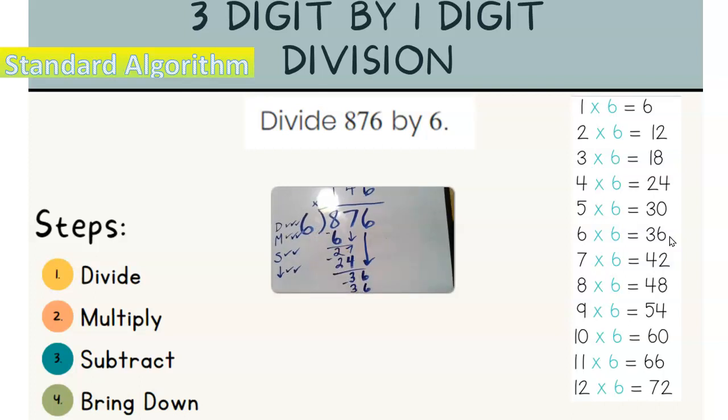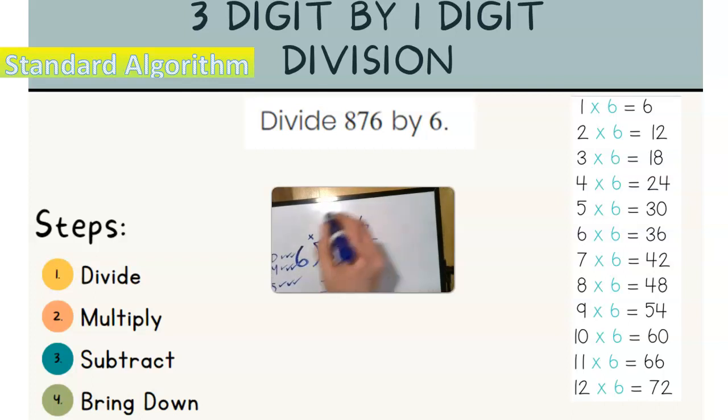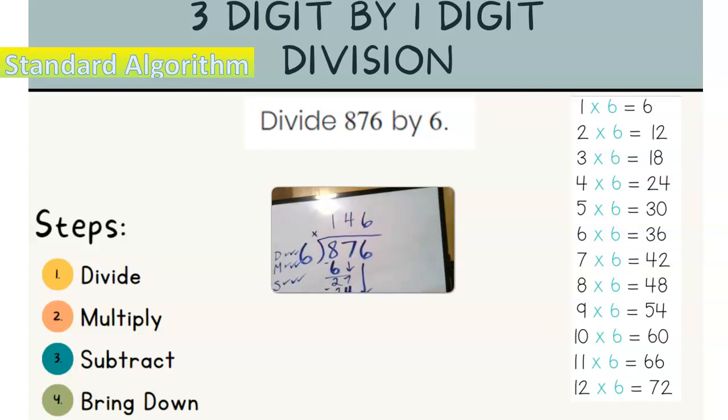Subtract. 36 minus 36, 0. Check. Anything left to bring down over here? Nope. We have an answer of 0 here, which means there is no remainder. So my quotient is 146.